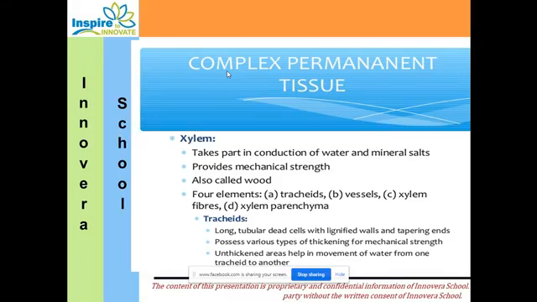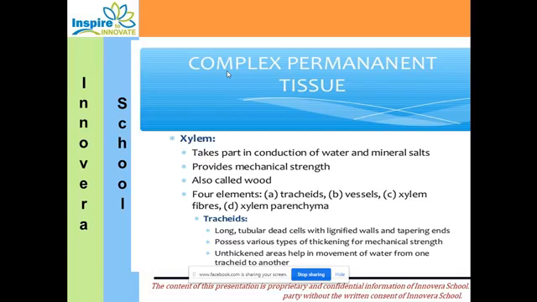So the tracheids are long tubular dead cells with lignified walls and tapering ends. What do you mean by tapering? Tapering is pointing ends. Next, they possess various types of thickening for mechanical strength.